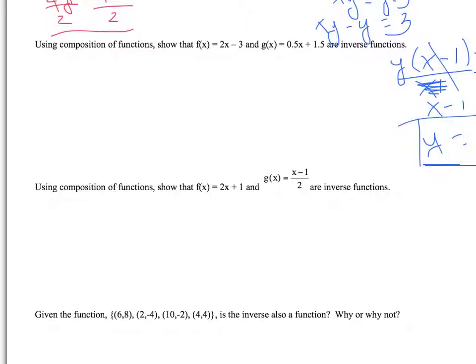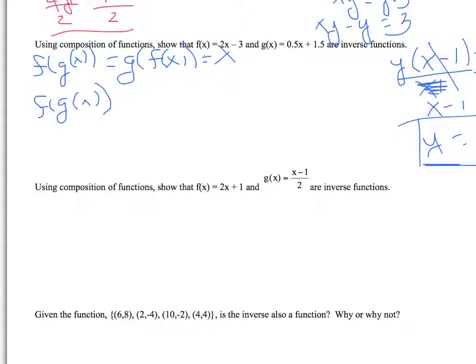If you go back to the definition at the top of this page, they will be inverses if f of g of x equals g of f of x, and they both have to equal x. So let's see if we can do this here. F of g of x first. You're going to replace the g of x inside parentheses with what it equals, 0.5x plus 1.5.